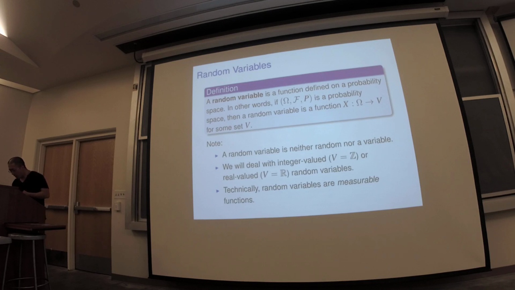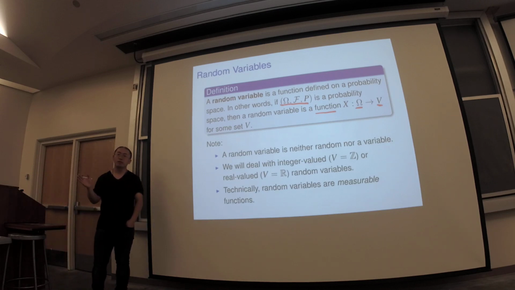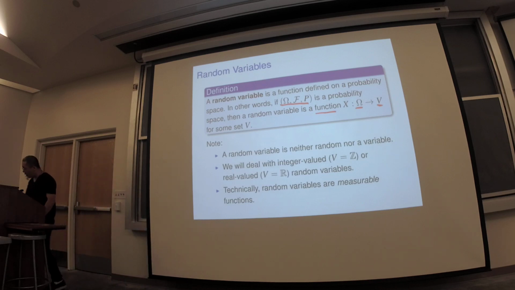If we have a probability space (Omega, F, P), where Omega is the sample space, F is the sigma algebra, the event set, and P is the probability measure, then a random variable is a function which maps from the sample space to a third set V. So you see, it's a mapping. A random variable is not a variable, it's not random, it's just a function or mapping. It maps the original sample space to a new set.